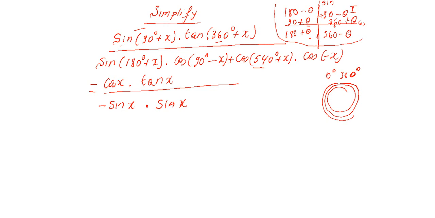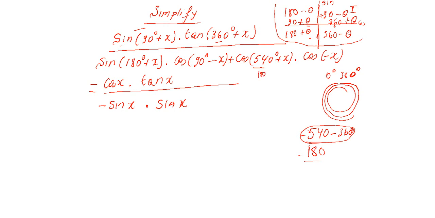So you're just going to do 540 minus 360, which is going to give you 180. So 180 is the corresponding angle of 540, because you just reduce this angle. If you type sin 540 and sin 180, you get the same answer. So here we're going to reduce it to 180.